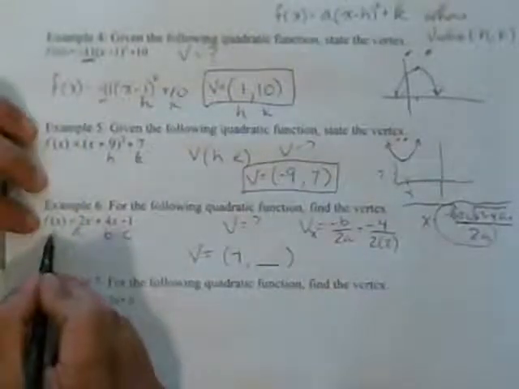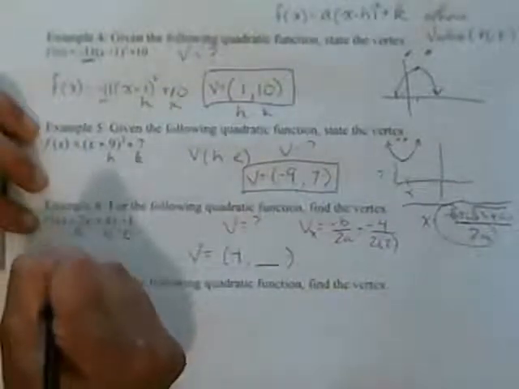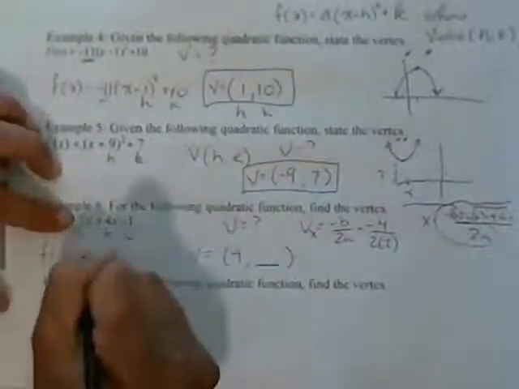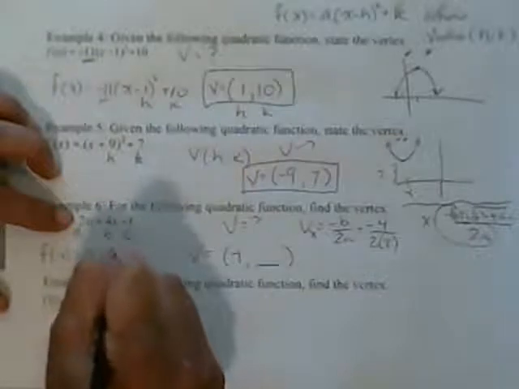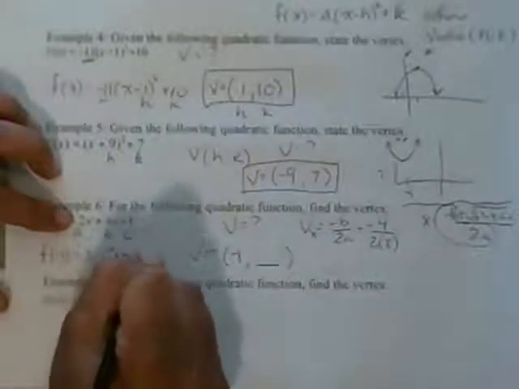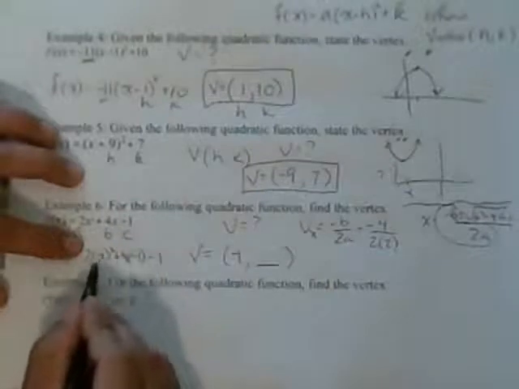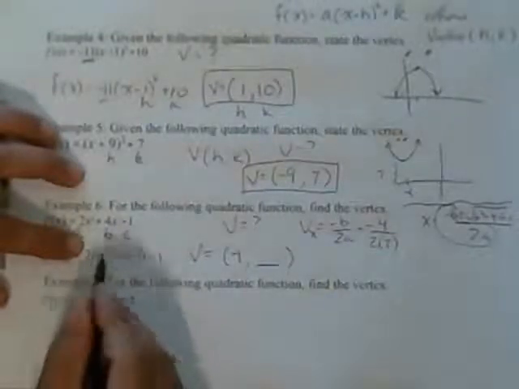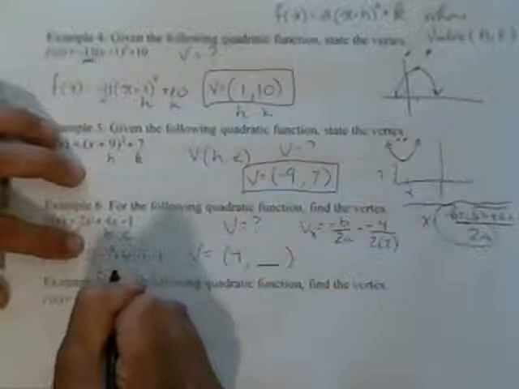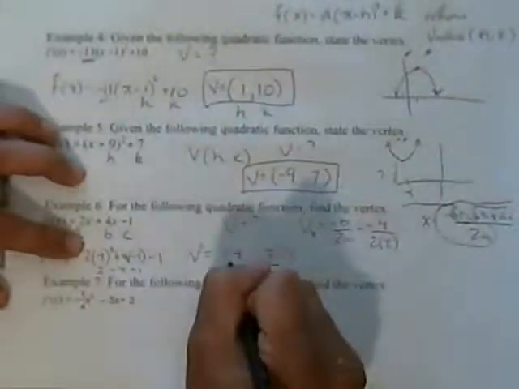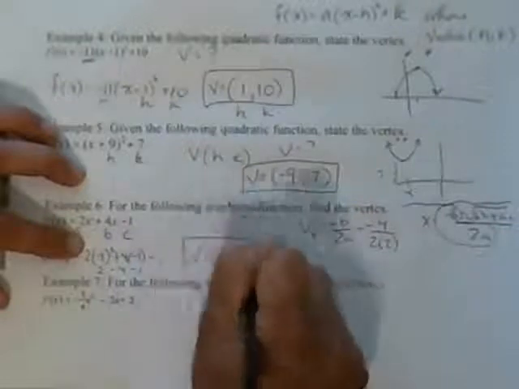What we do now is we plug into this function f of negative 1, and you should know how to do that by now. Plug in 2 times negative 1 squared plus 4 times negative 1 minus 1. Negative 1 squared, PEMDAS, squared first, 1 times 2 is 2, minus 4, negative 2, minus 1 is negative 3.